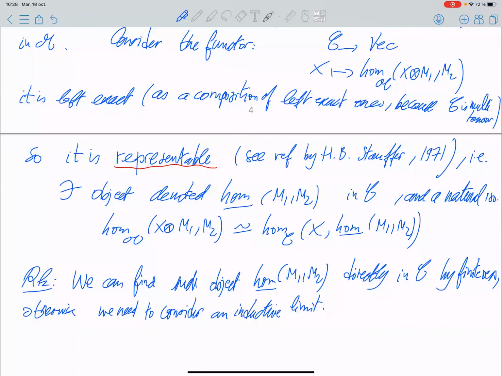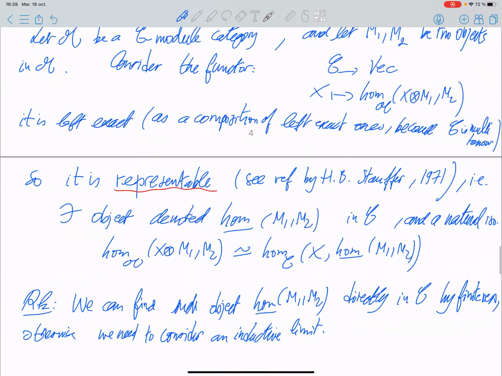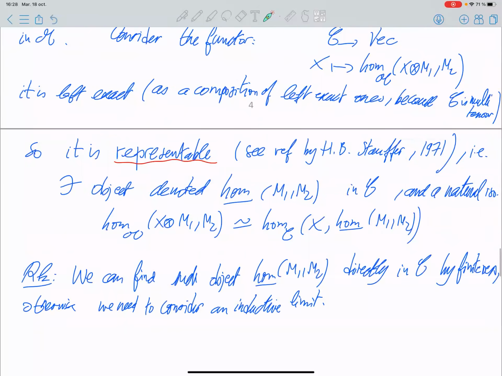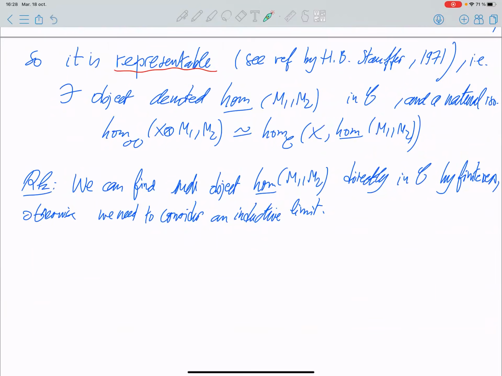This is why we choose finite, because it simplifies. Here we don't need to consider an inductive limit. You can directly take an object in C. Okay, and this is what we will call the internal Hom.